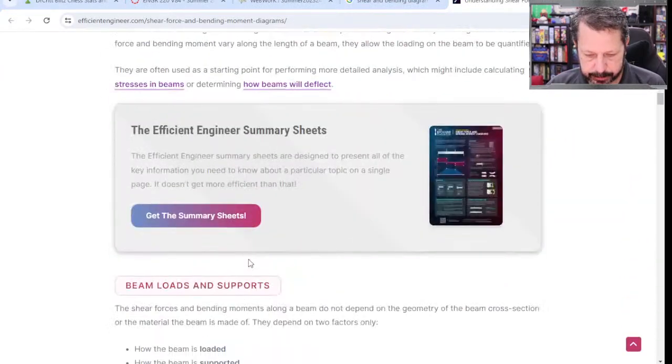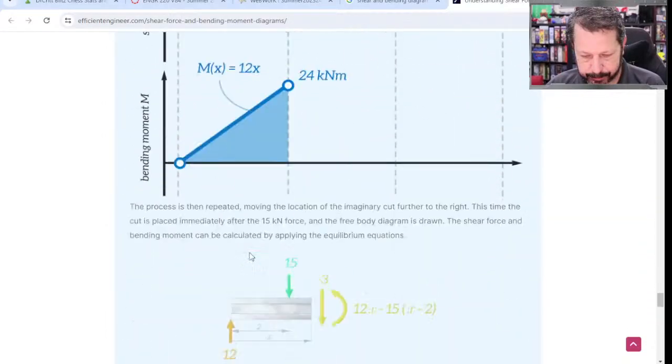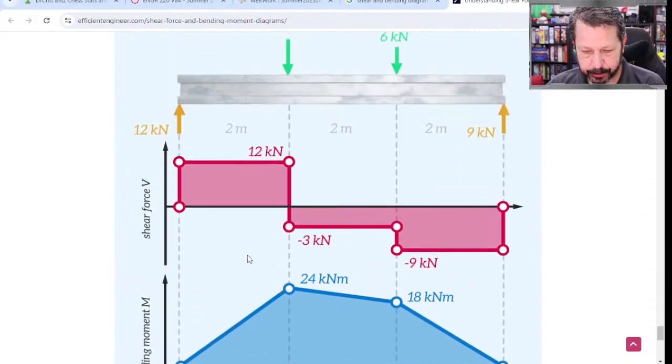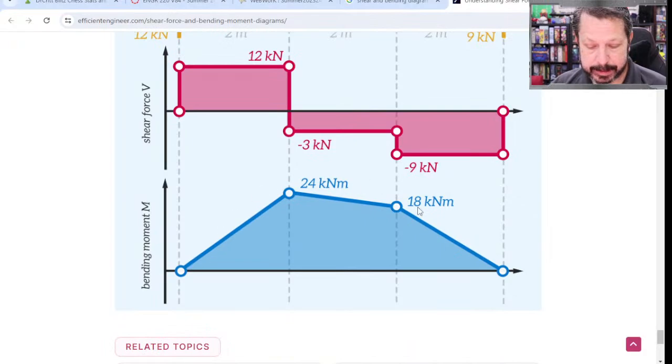Gotta scroll down to where it's at. Alright, so there's the whole thing. We want a free body diagram of our beam, and then right below that we want a diagram that shows us the shear force anywhere in the beam, and below that we want a diagram that shows us the internal bending moment anywhere in the beam. That's what we want to generate.